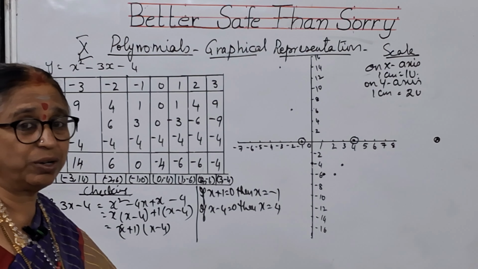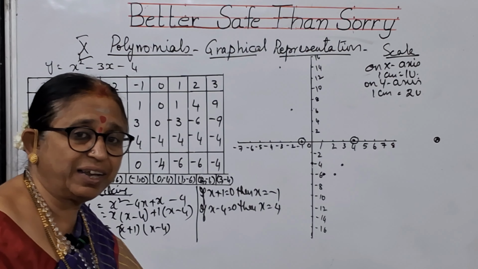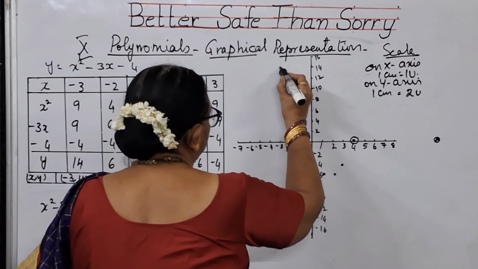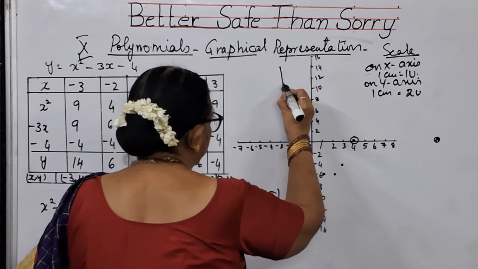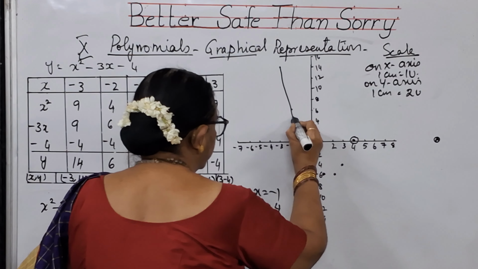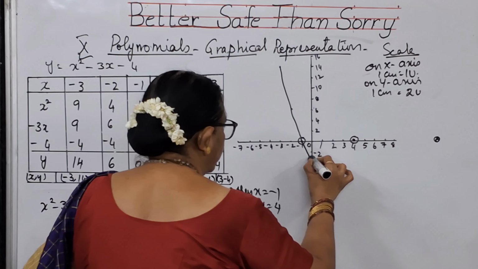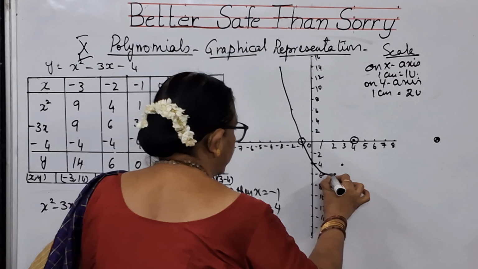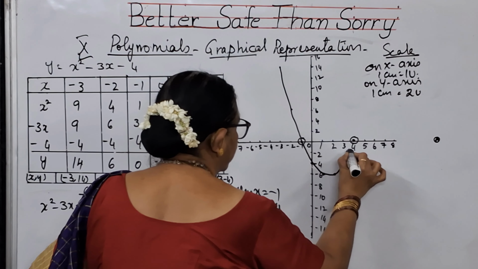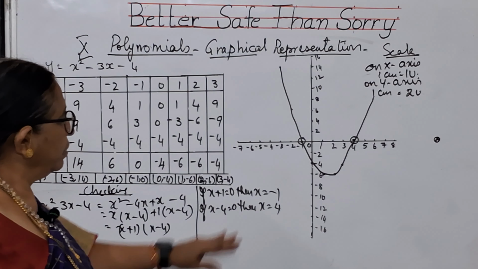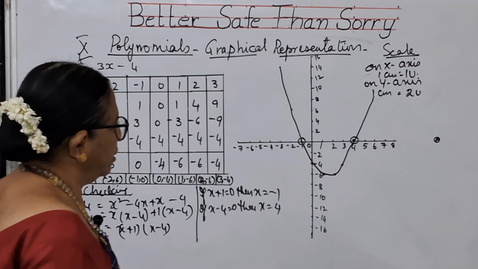Earlier also I told, first you need to go for checking and get the solutions, and then you start joining all the points which you have got here. Like this, it should go in this way, like this. And it goes like this. This is the figure you are getting.